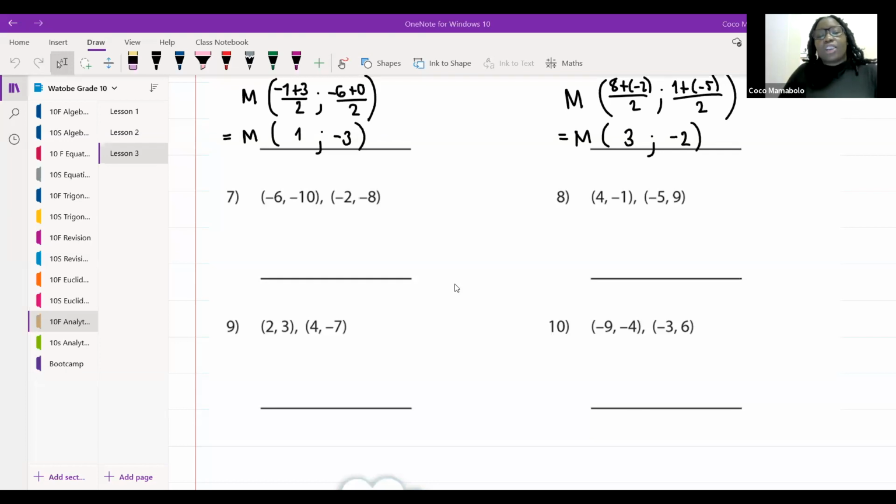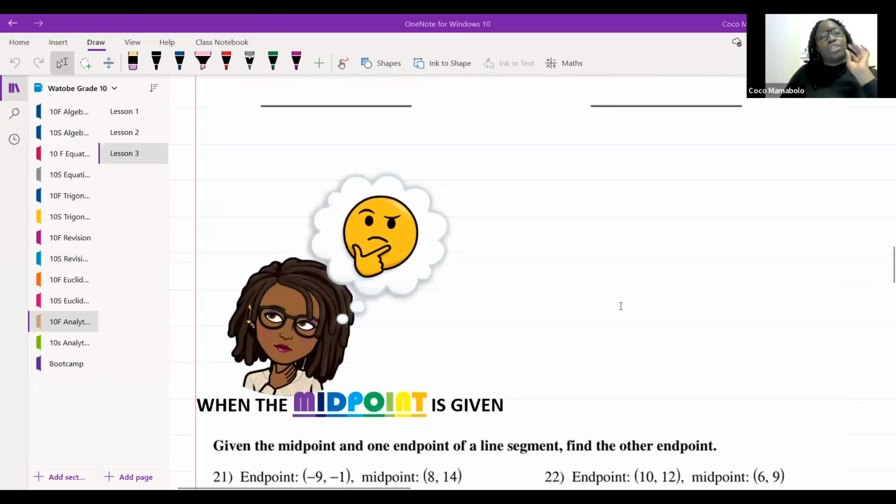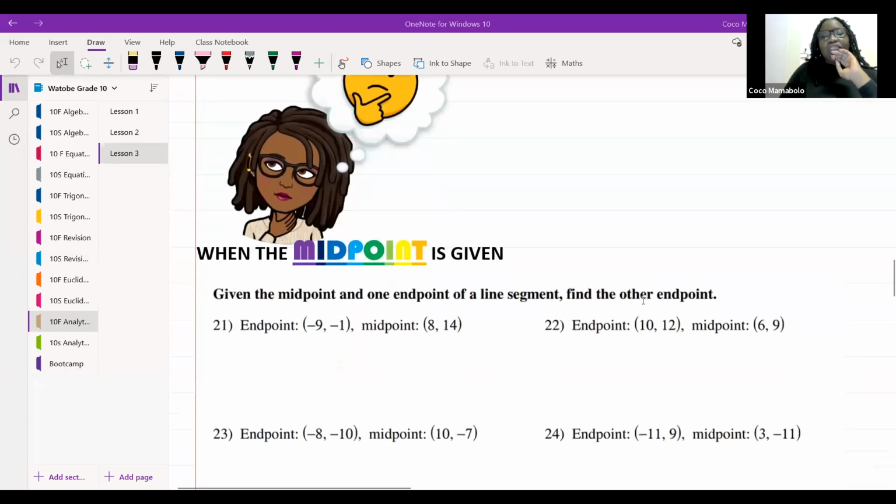All right, let's look at the next set of questions. Before I ask some of you with your hands up to unmute, I want you to look at the question. What happens when I give you one endpoint and I give you the midpoint, and you now need to give me the final product?